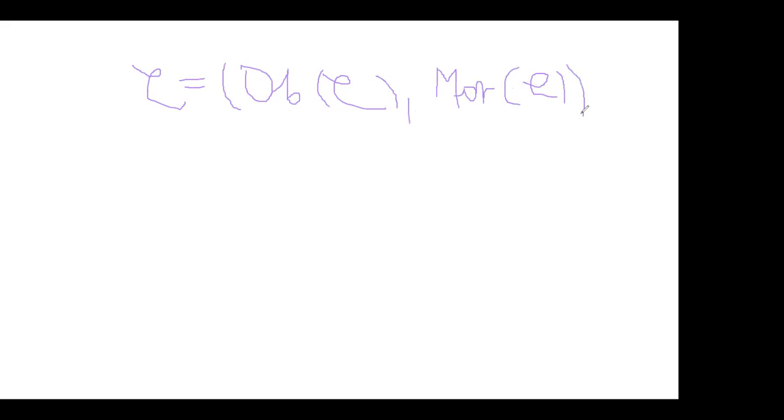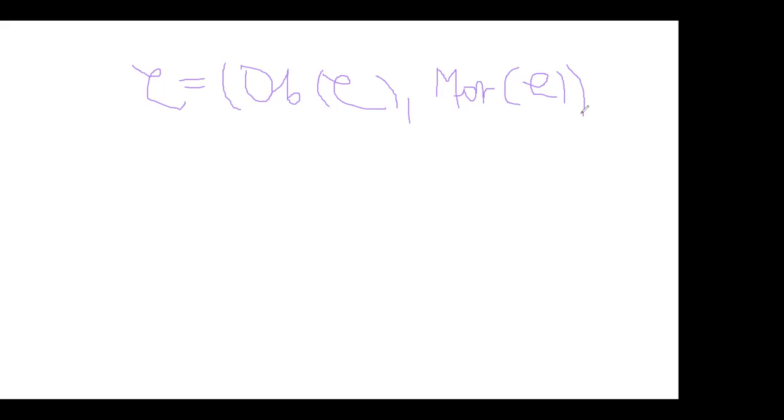For every pair of sets, I can take the set of all maps from one set to another set. And this is a set, okay? Of course, when I take all such pairs, it will not be a set anymore because I'm not running it over a set.